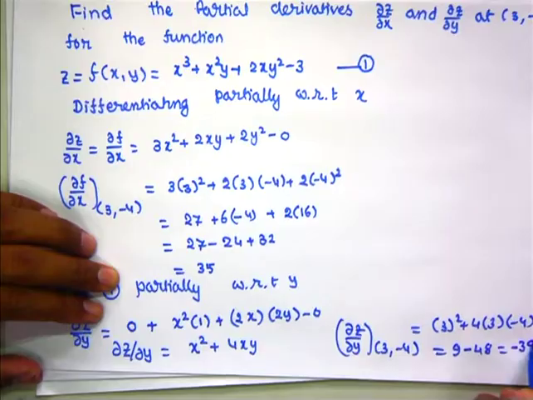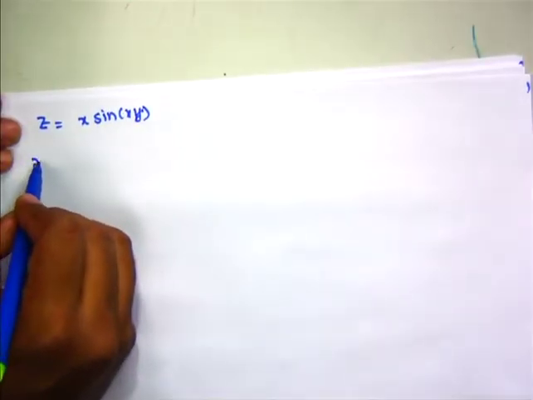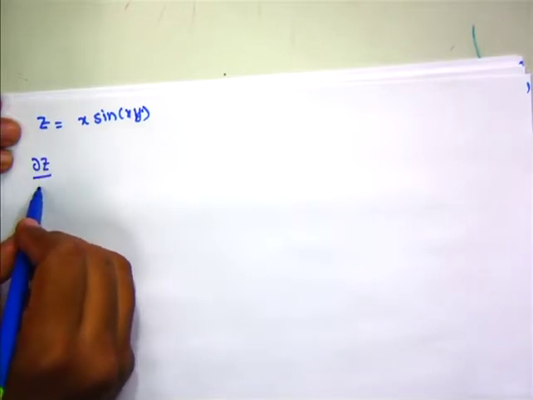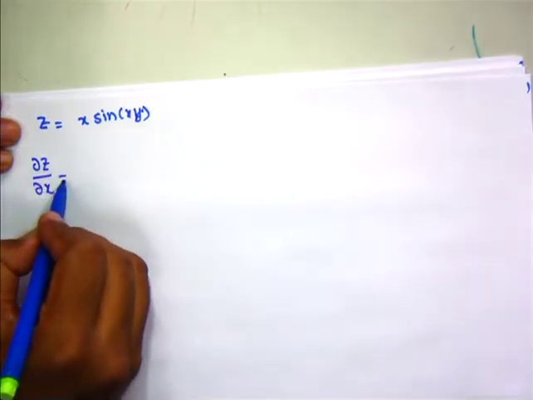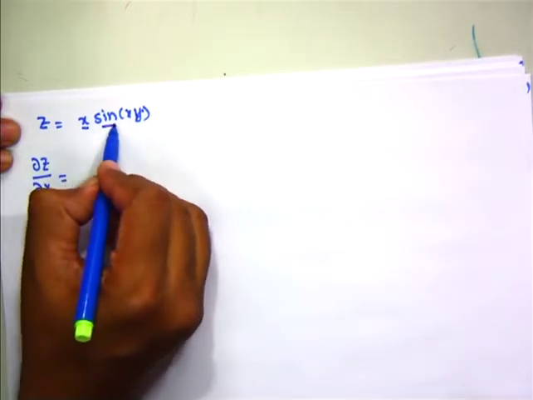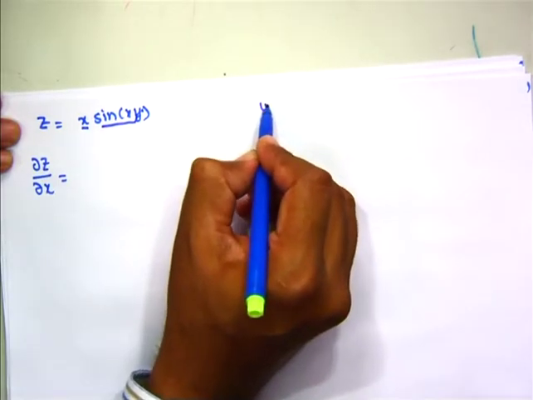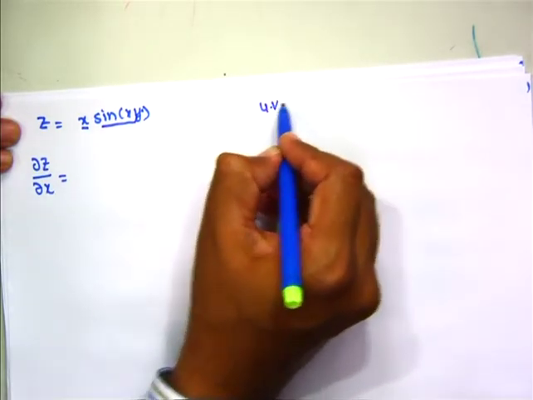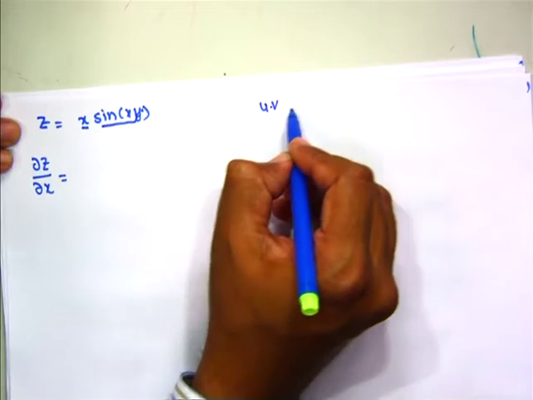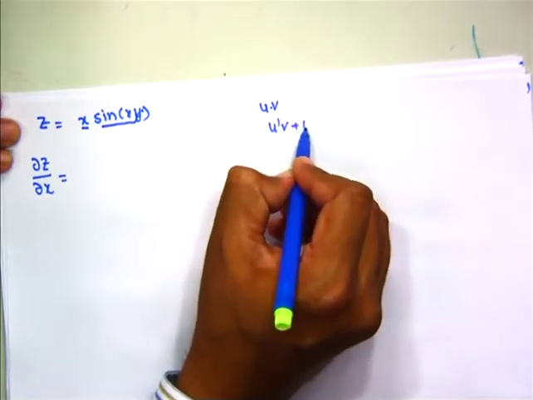Z is equal to x sine xy, then del z by del x is equal to, here this is function of x, this is function of x, so we have to apply u into v rule, which is given as u dash v plus uv dash for derivative.